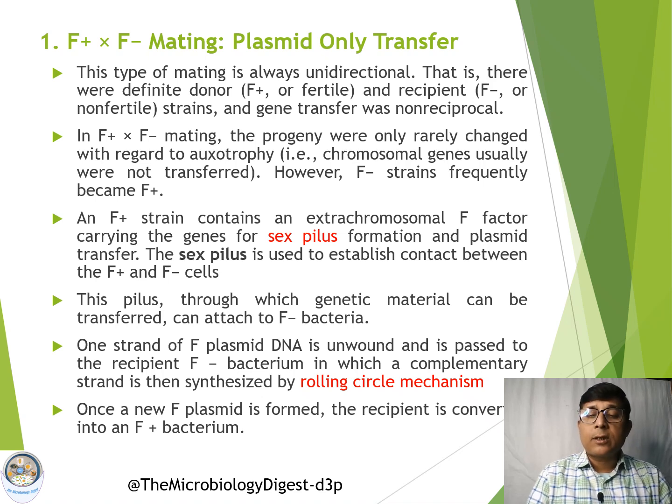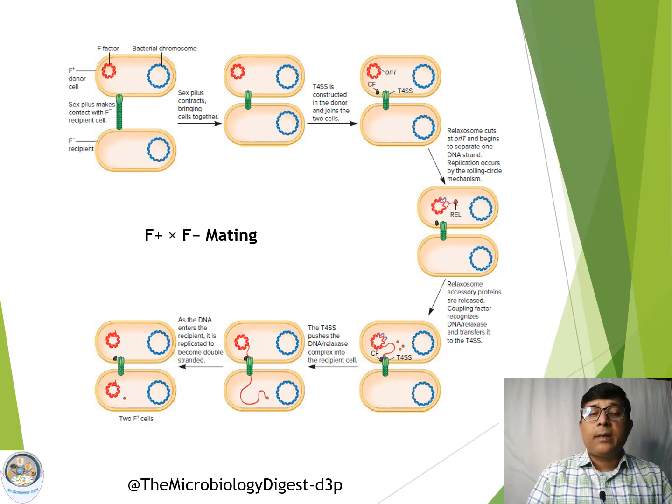And once it is completed, the F negative recipient bacterium will finally get converted to an F positive bacterium. Okay, this is the first type of conjugation, F positive and F negative mating. As I said, here only the plasmid transfer takes place. So this is the diagrammatic illustration of this mating.